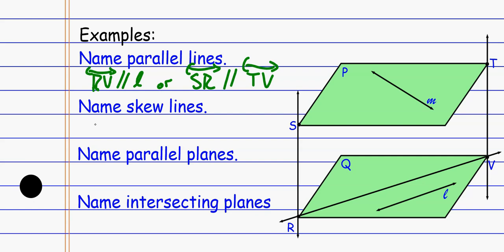They're skew lines. So line M and line L. You could also say something like line M and line RV, or even line M and line TV. They'll never intersect, but they're also not parallel.